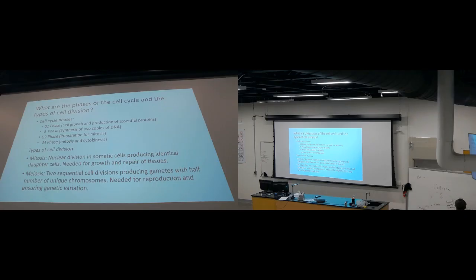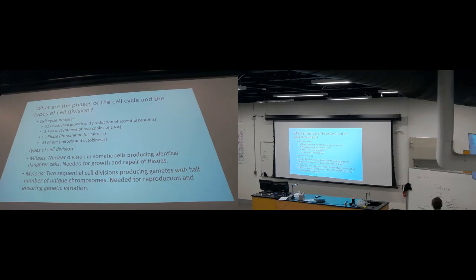And some cells, not all of them, enter a phase that is called G0. So cells that won't divide again once they divide, they enter G0. Like neurons, like muscle cells.